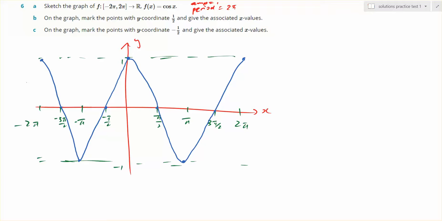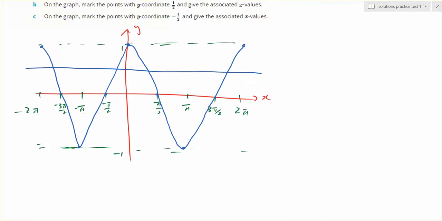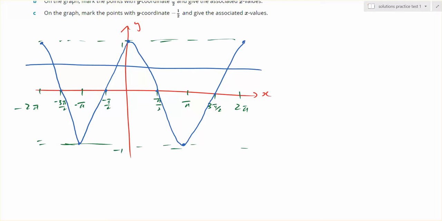Now we're asked to mark the points where y equals a half. The line y equals a half is just between here, because it's the middle value between 0 and 1, which is a half. And we're trying to find what these points equal. To find these points, we simply solve the equation cos of x equals a half.